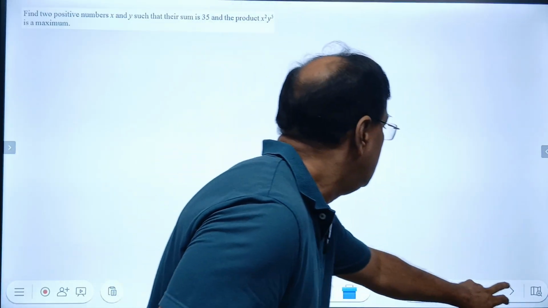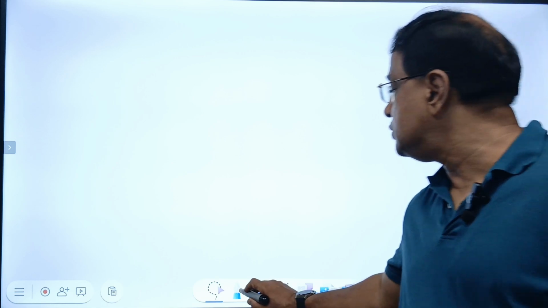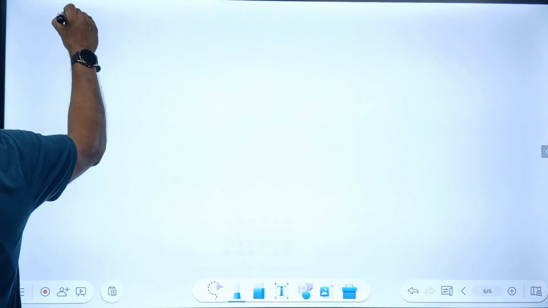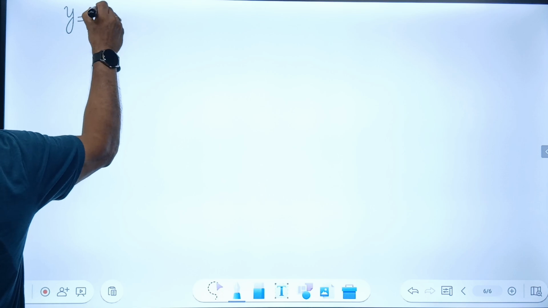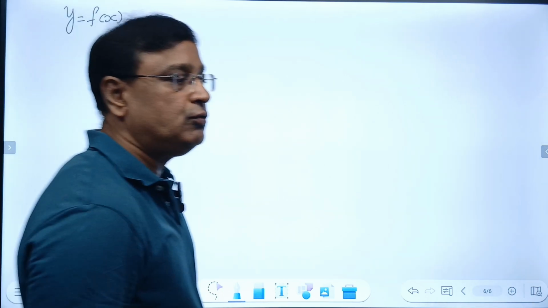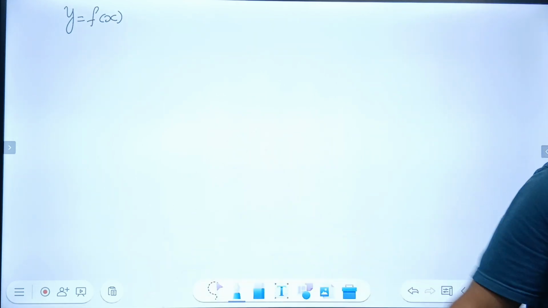Now what is it called? Maxima and minima. For example, I have a function, say y equal to f of x. Let's take y equal to f of x as a real valued function. When I say real valued function, that means my range is a real number.